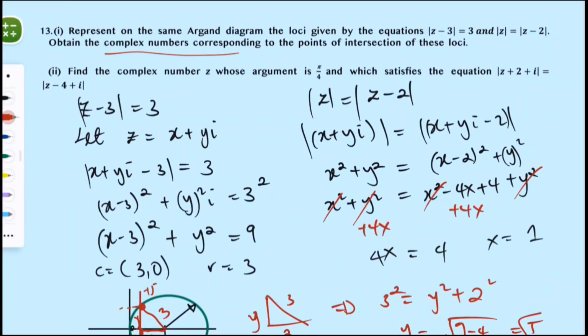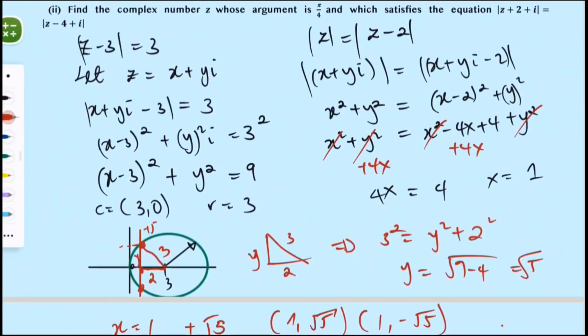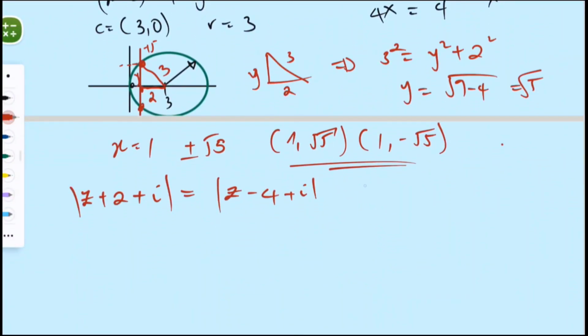They want us to find the complex number z whose argument is π/4. Keep in mind, the argument is practically the same as the tangent: y over x is the same as tan of the argument of z.